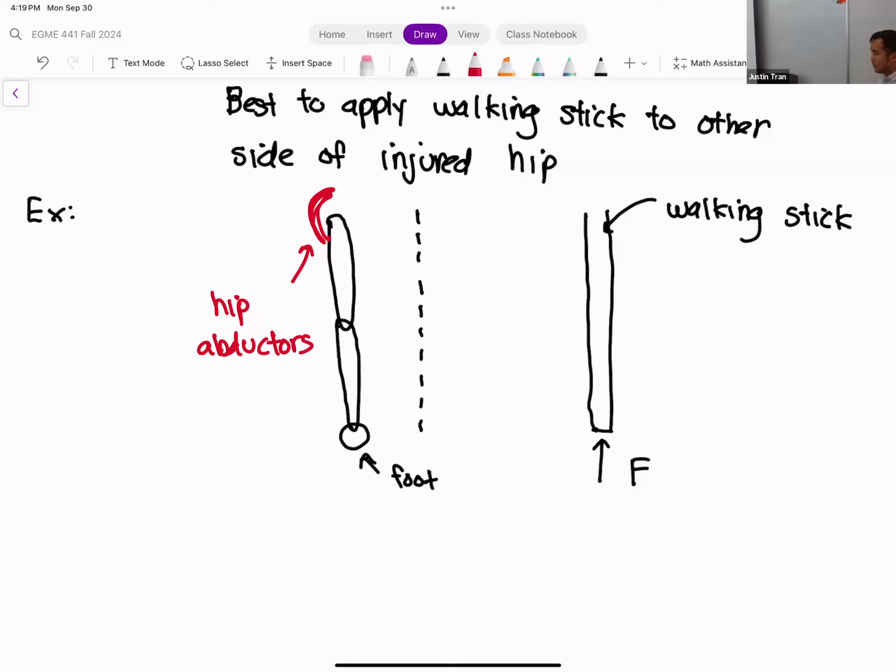And so a lot of the force that the hip abductors had to provide previously is now relieved, right? Because now to maintain balance, your leg is a lot more straight up and down. And so a lot of that weight bearing can go just straight up through the bones. And so the bones are in a much better position now to bear the weight.